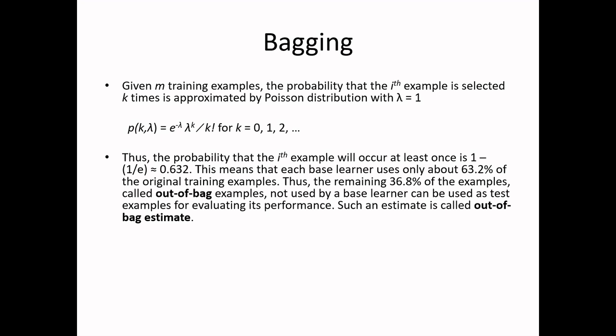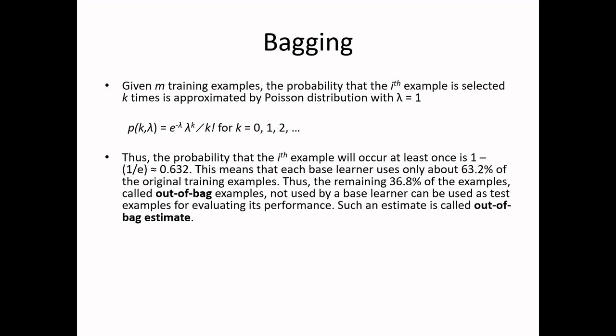If you put k equal to 1 and lambda equal to 1, you will end up with 0.632. What it means is that each base learner uses only about 63% of the original training examples. So every base learner is looking at about 63% of the original examples.